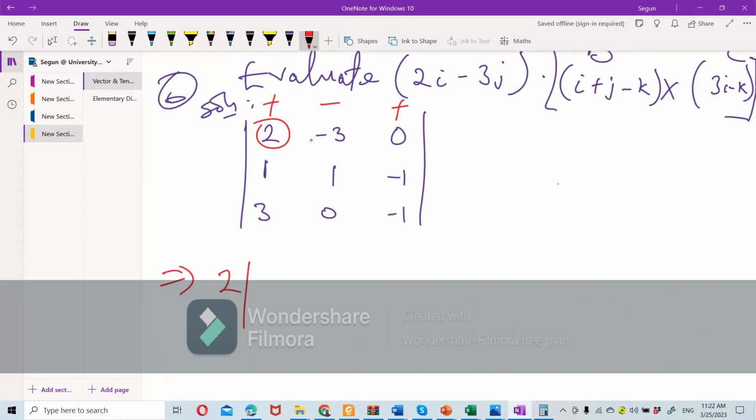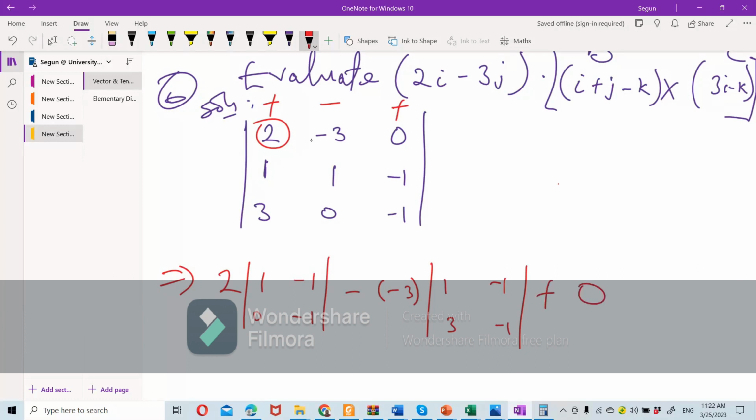Now, the row will paralyze, the column will paralyze. You have 1, -1, 0, -1. Now we have -3 here. So everything here will paralyze. You have 1, -1, 3, -1.